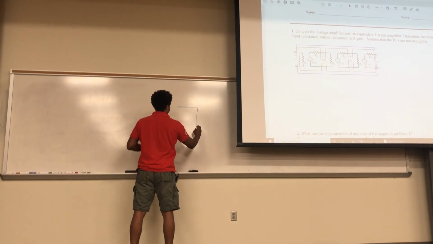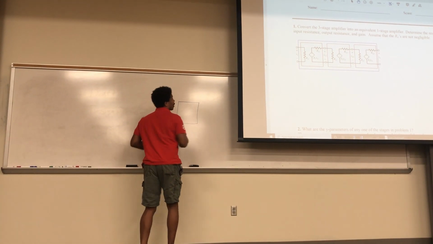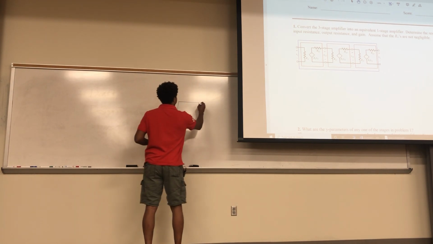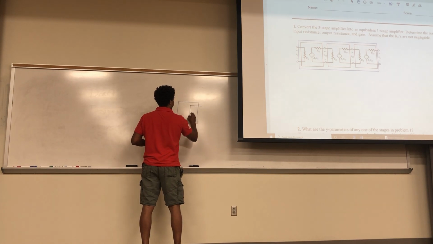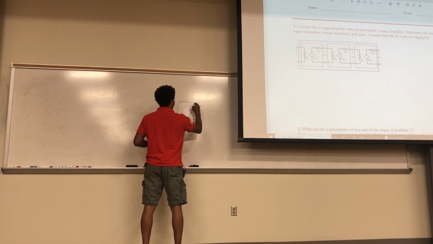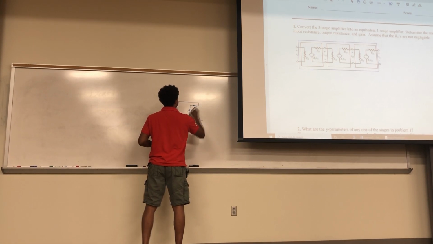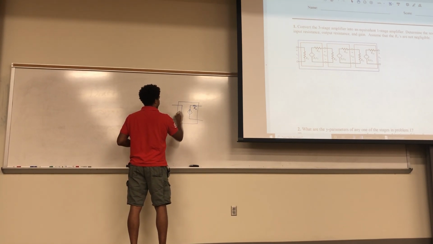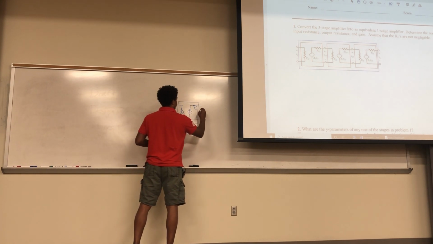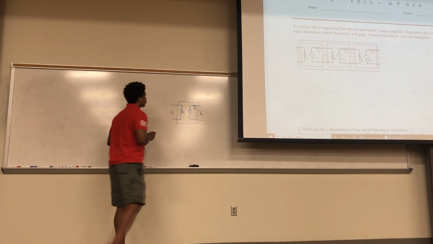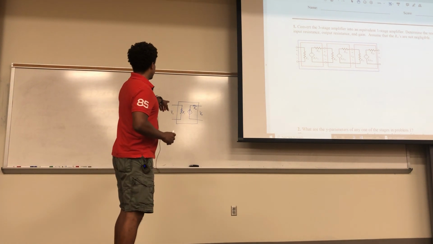It just looks like one of them, right? For example, it'll look like this. It'll be the R out. Here's a R in. Here's a V in. And here's a V out, like that.